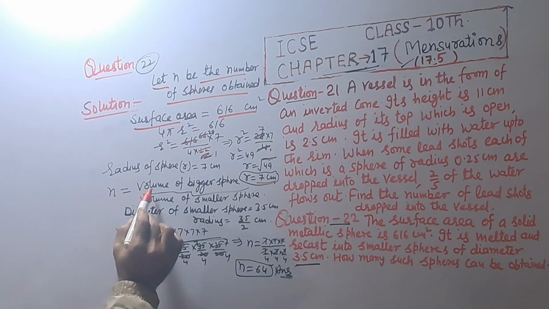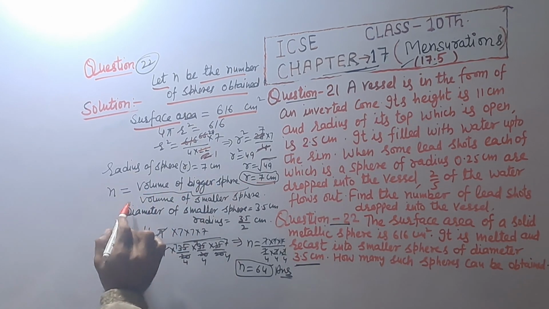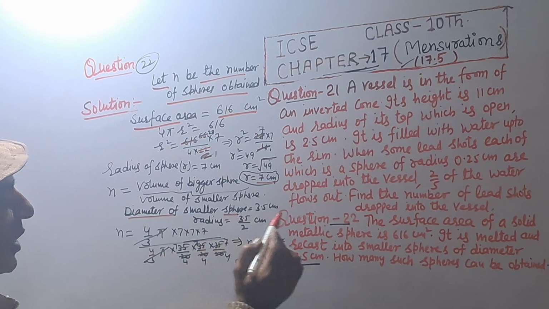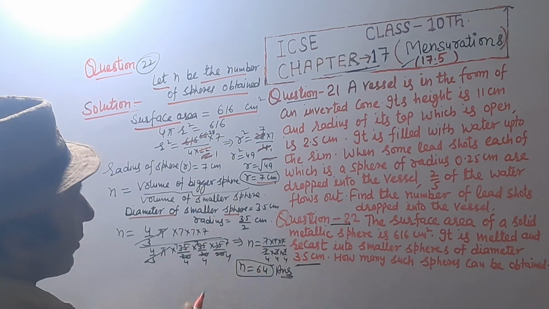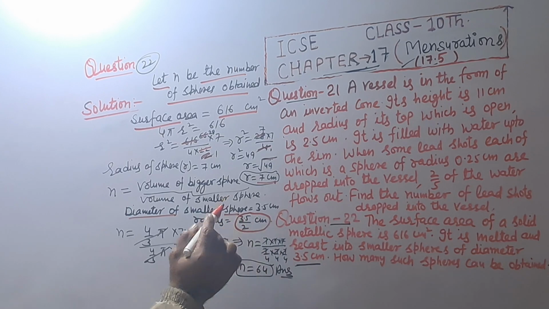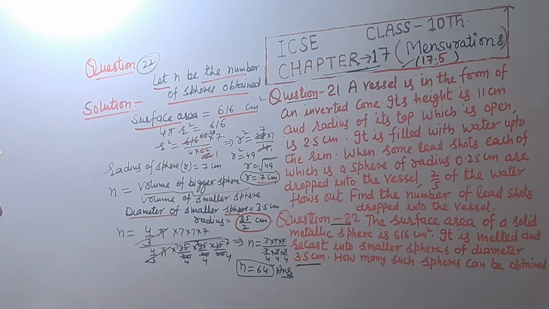And n is equal to volume of bigger sphere divided by volume of smaller sphere. Diameter of smaller sphere is given 3.5 centimeter and its radius is half of diameter, that is 3.5 upon 2 centimeter.